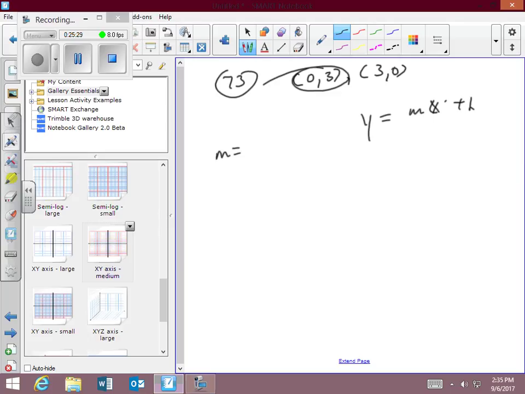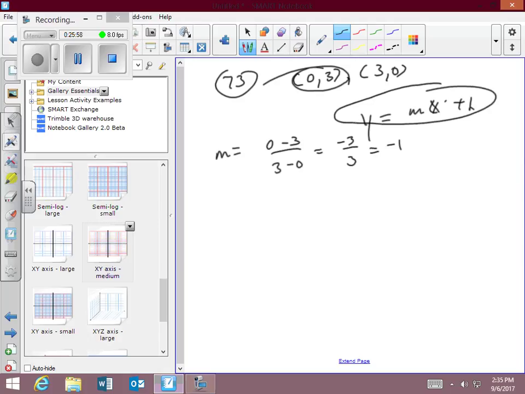And I'm going to use the second one, so it's going to be 3 minus 0. I guess I better go 0 minus 3. We use the second one first. 0 minus 3, and then the denominator is 3 minus 0. So that's going to be what? Minus 3 over 3, which makes a slope of -1, right?